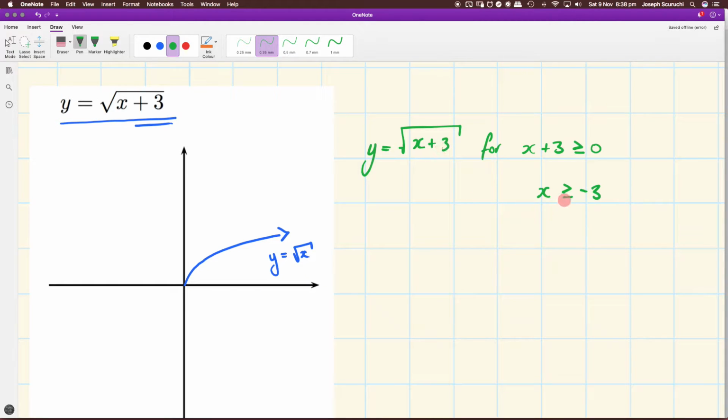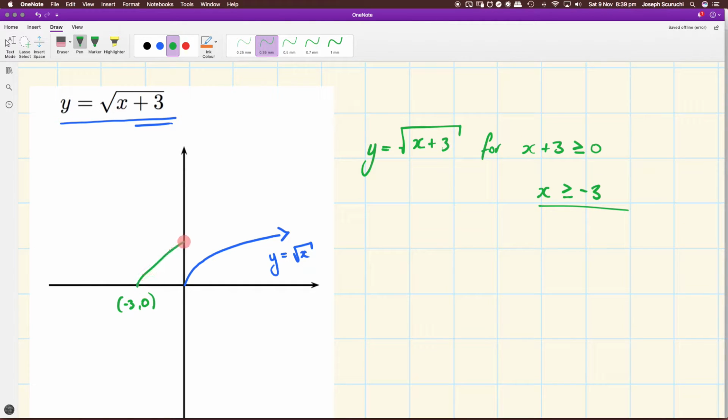That's fine. Where things start to break down is where I have a number less than negative 3. For instance, if I was to have negative 4 here, I would have negative 4 plus 3, which is negative 1. You can't square root negative numbers. So x is going to be greater than or equal to negative 3. So that means my graph is going to start here at negative 3, 0.